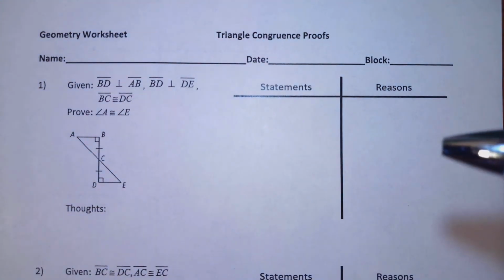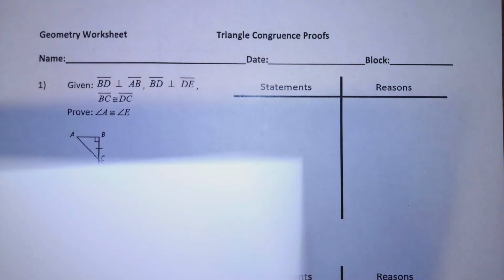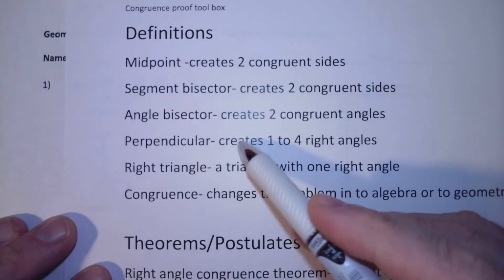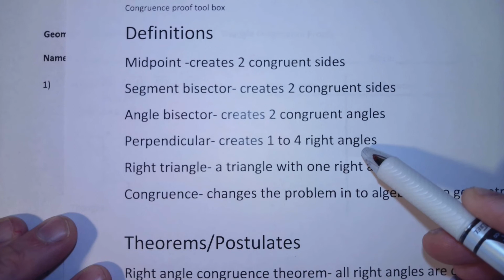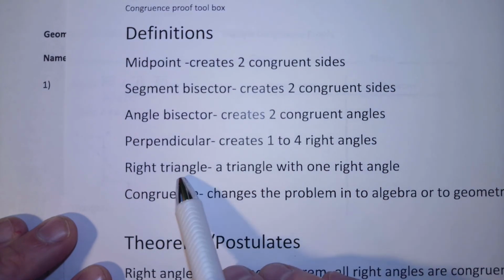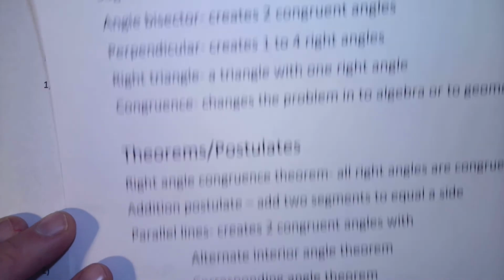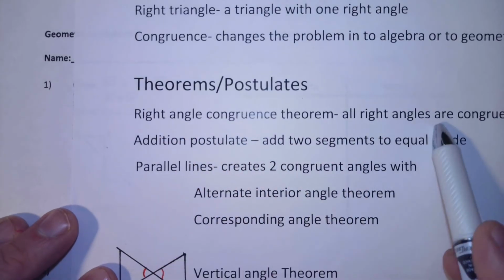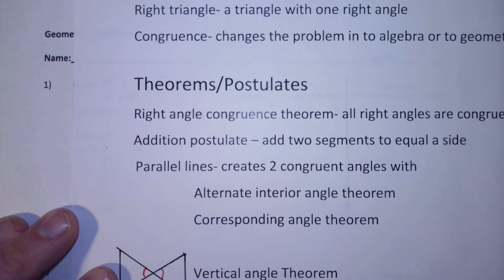Again, looking at my toolbox, perpendicular right here is going to create 1 to 4 right angles. With the right angle, we could create a right triangle, or I can use the right angle congruency theorem to create 2 congruent angles. So we'll see what we need to do on that.